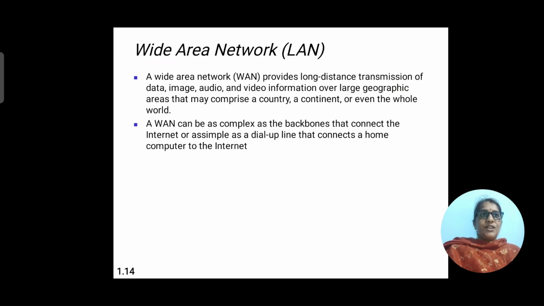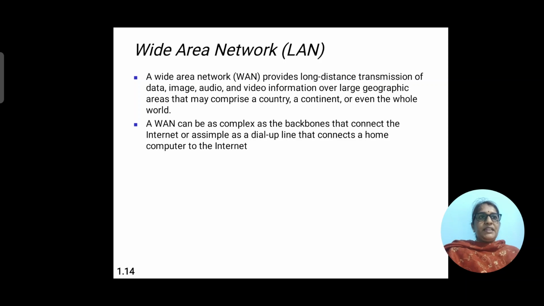Next is wide area network, that is WAN. A wide area network provides long distance transmission of data, image, audio and video information over a large geographic area that may comprise a country, a continent, or even the whole world.